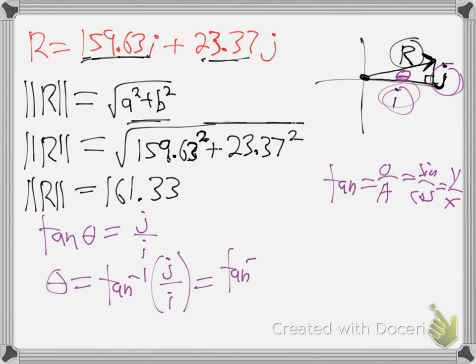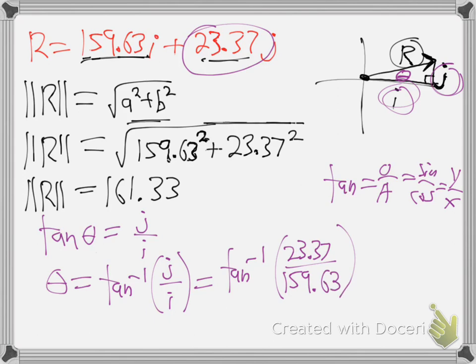So the j is the 23.37 over the i, 159.63. Tangent is 23.37 divided by 159.63. And so theta equals 8.33 degrees.